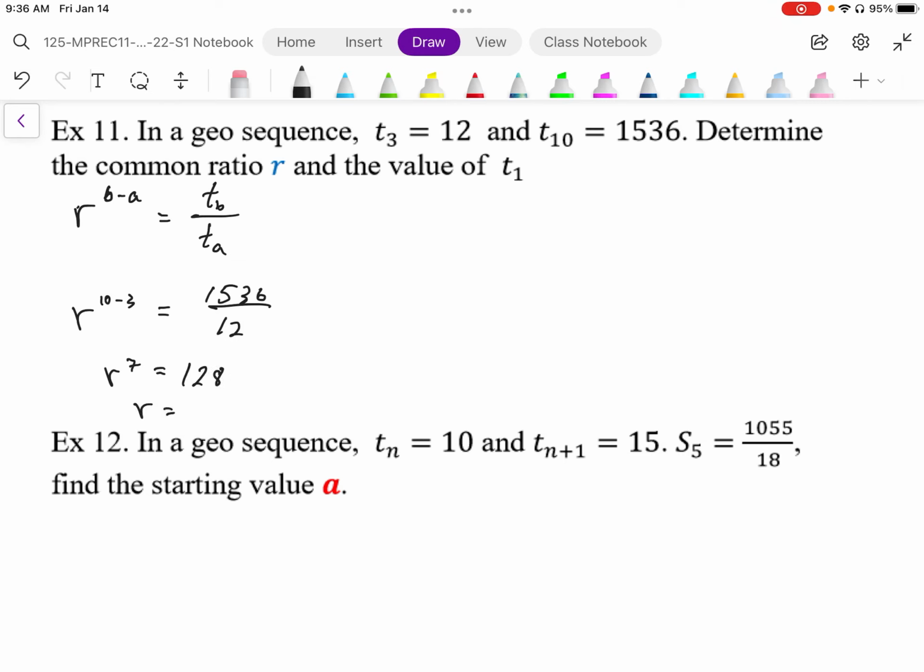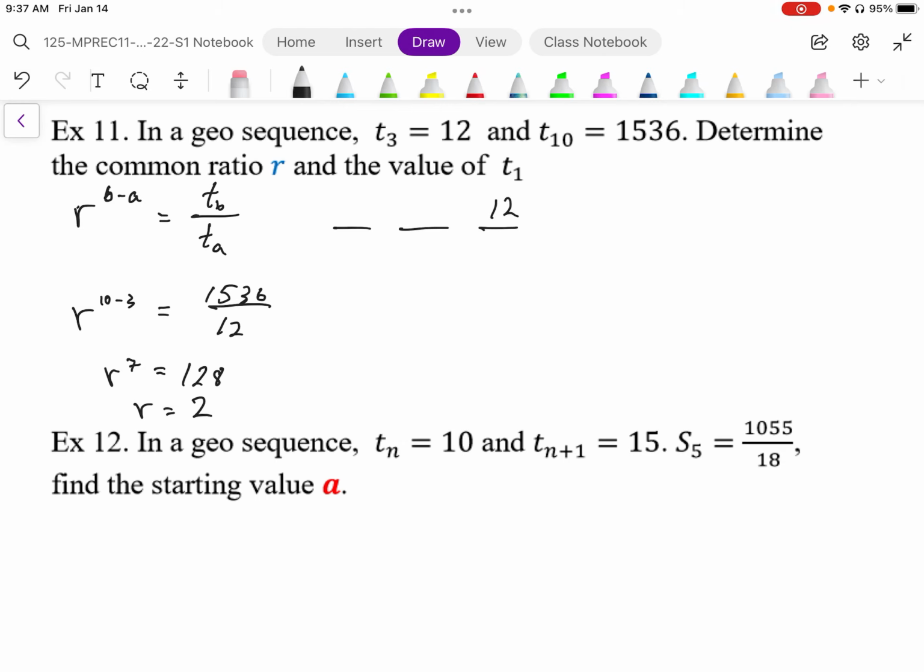Solving for r, I take the 7th root of that. So the 7th root of 128 is going to be 2. And so the common ratio is 2. So what I've done is doubled from T3 to T10. So my sequence looks like this.